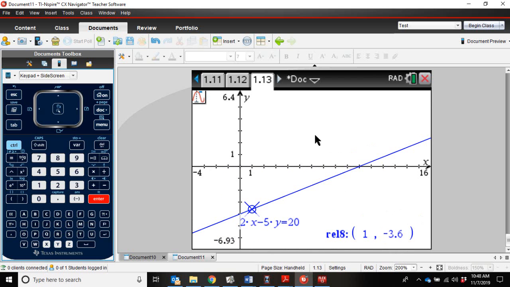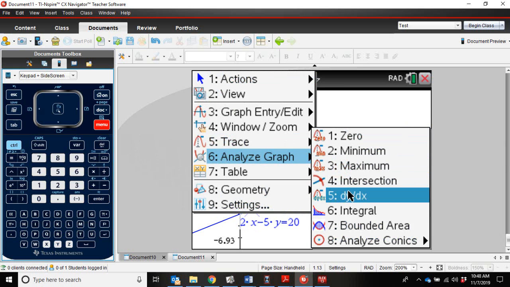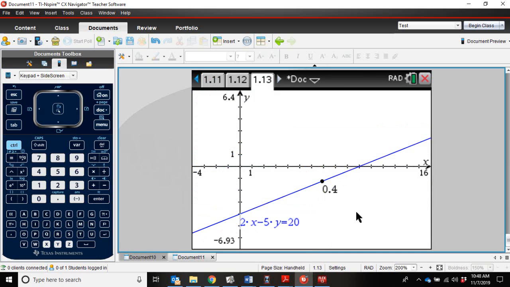So today you're going to practice this through a scavenger hunt. You're going to find the slope. So remember to find the slope of this line, we press menu 6, 5, and we figure out that our slope, this one says, is 0.4. We can change that slope to a fraction.